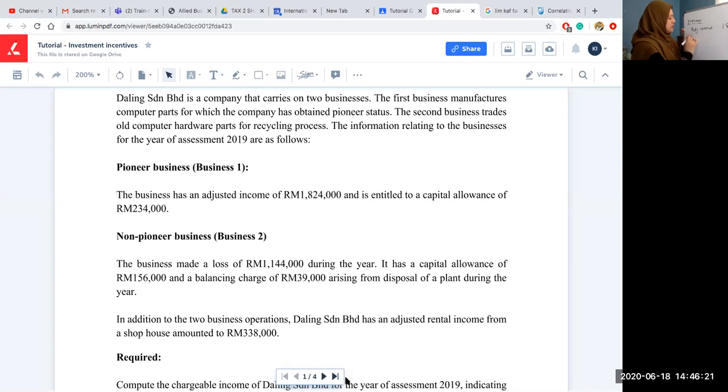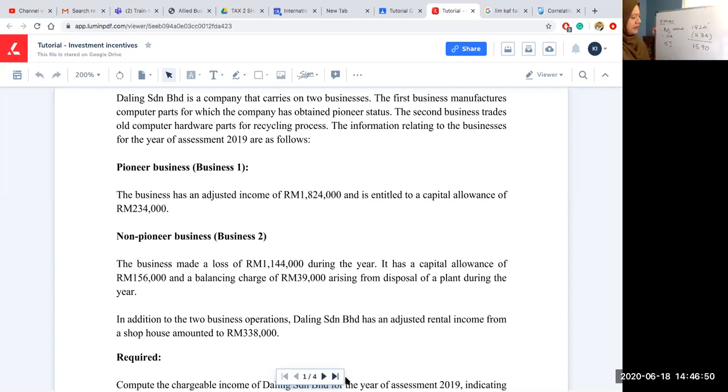Adjusted income minus capital allowance. Once you have your income, you can minus your capital allowance, which is 234,000. So adjusted income minus capital allowance, how much is your statutory income? Your statutory income is 1,590,000. Are you following so far?